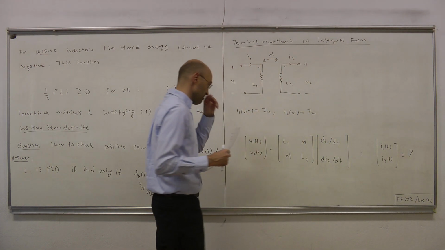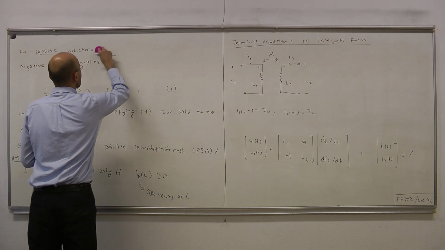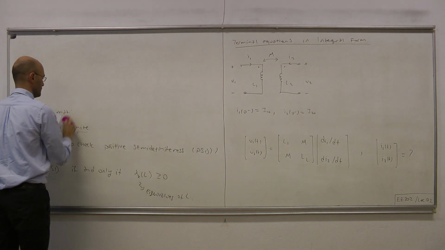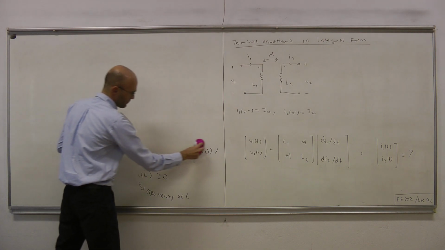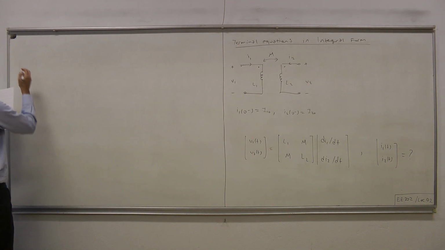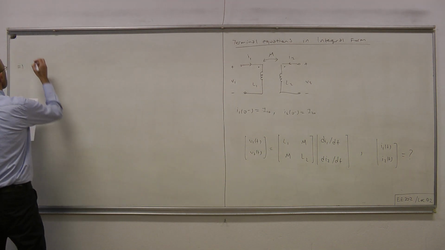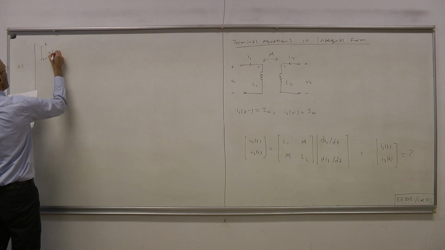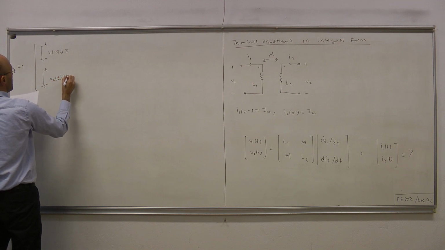For that, what we're going to do is integrate both sides. So let's do that. Okay, so integrating both sides of this vector equation, we have the integral from 0 minus to t of V1 of tau d tau, and same thing for the second voltage V2 of tau d tau.